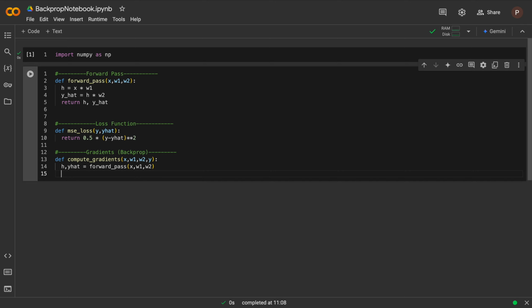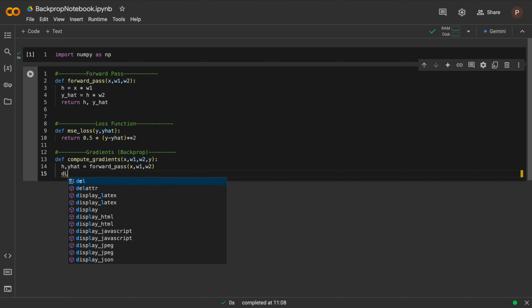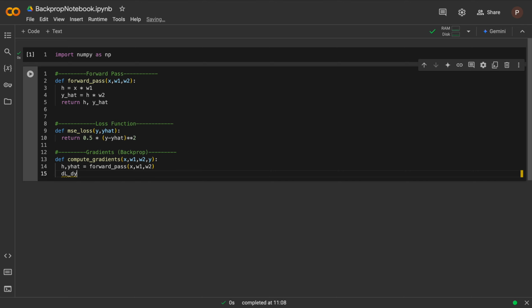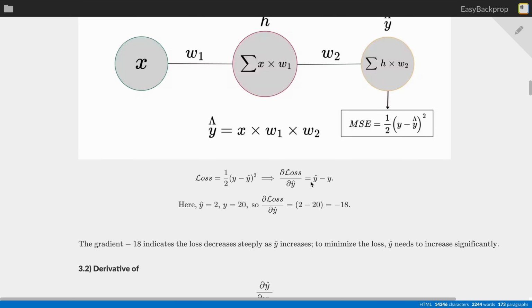Now, we're going to say that dl_dy_hat is going to be equal to y hat minus y. So this over here corresponds to this, okay? And since in Python we can't write this notation for the partial derivatives, we're just going to say this is d.